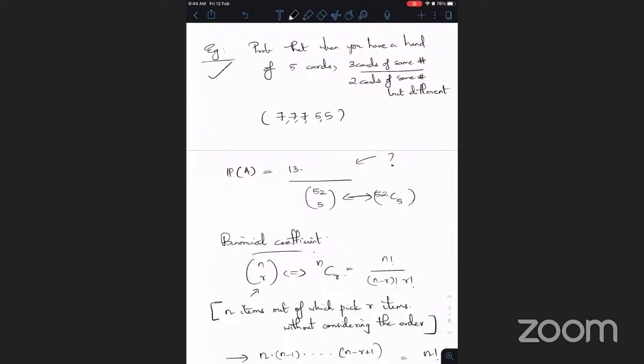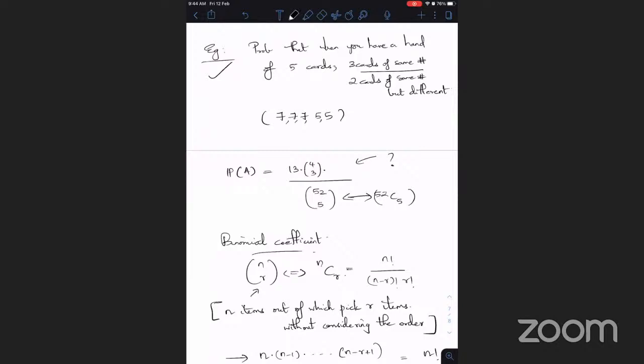Face cards are included, right? So 13 numbers are available for you. And out of which you have four from different suits, which are of the same number. And out of these four, you need to pick 3. So that is 4 choose 3.